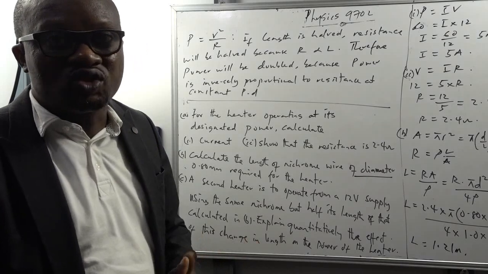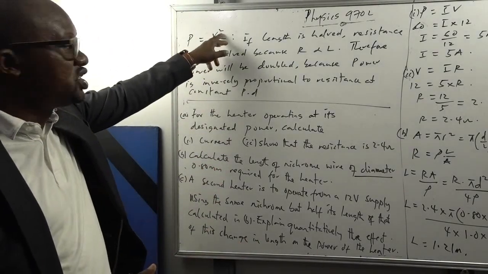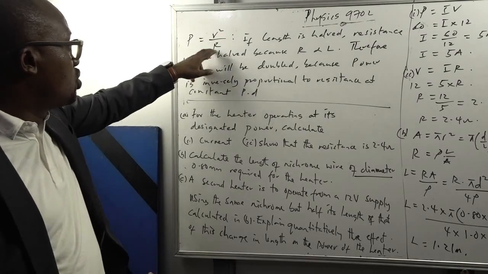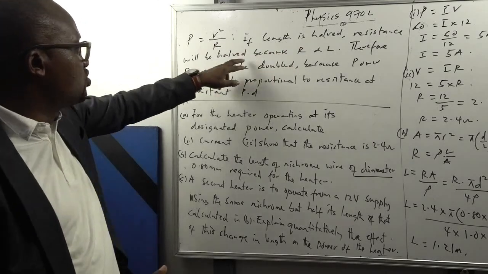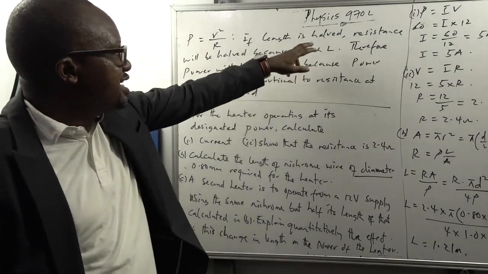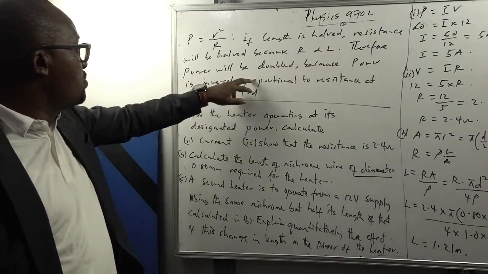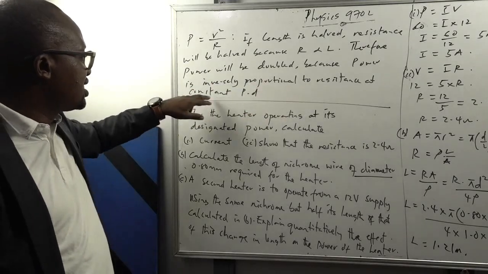The most appropriate equation to use is P is equal to V squared over R, because voltage is constant. Therefore, I can look at the variation between these two. The length is halved, so resistance will be halved because resistance is directly proportional to length. Is that okay? Therefore, the power will be doubled because power is inversely proportional to resistance at constant PD.